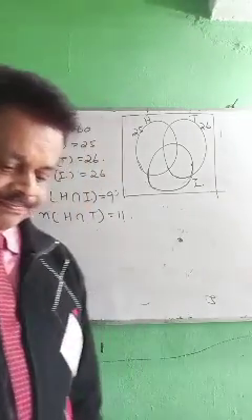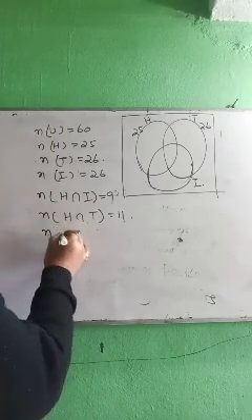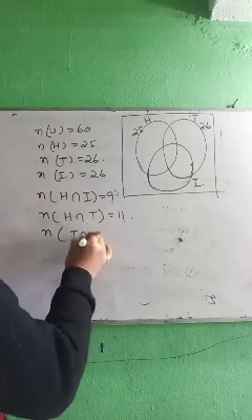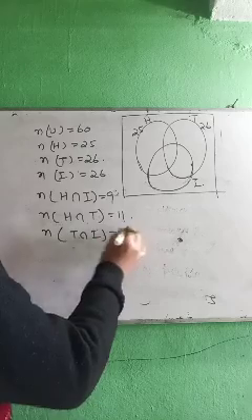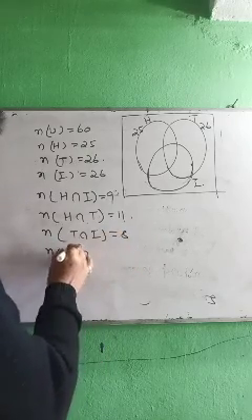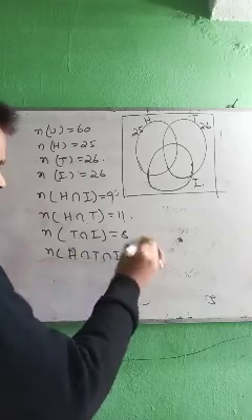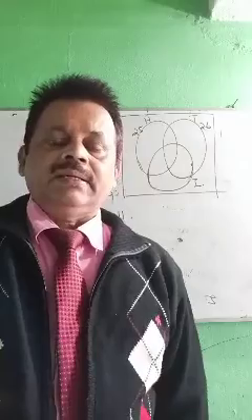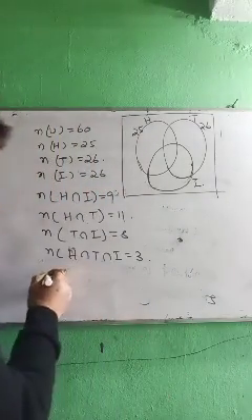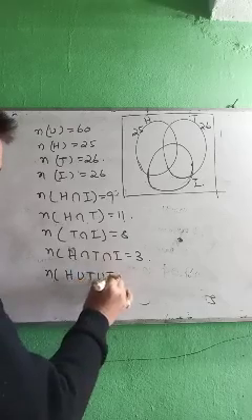Then 8 read T and I. And all three, H, T, I, is 3. How many read at least one? At least one means the number of H union T union I.